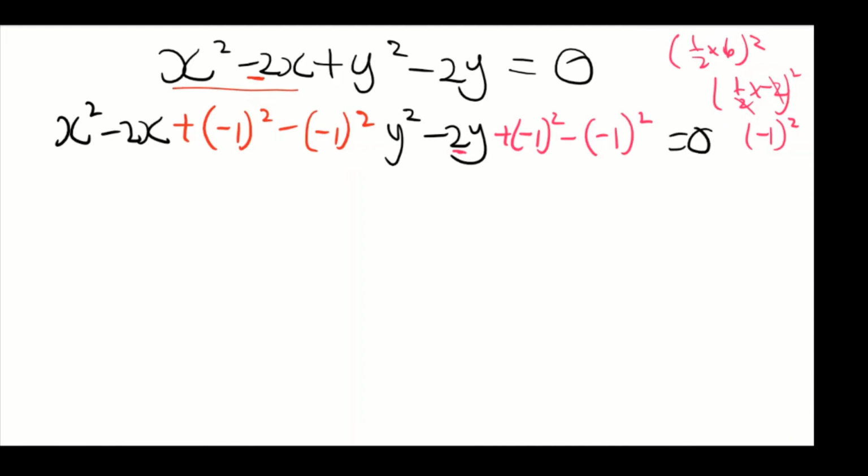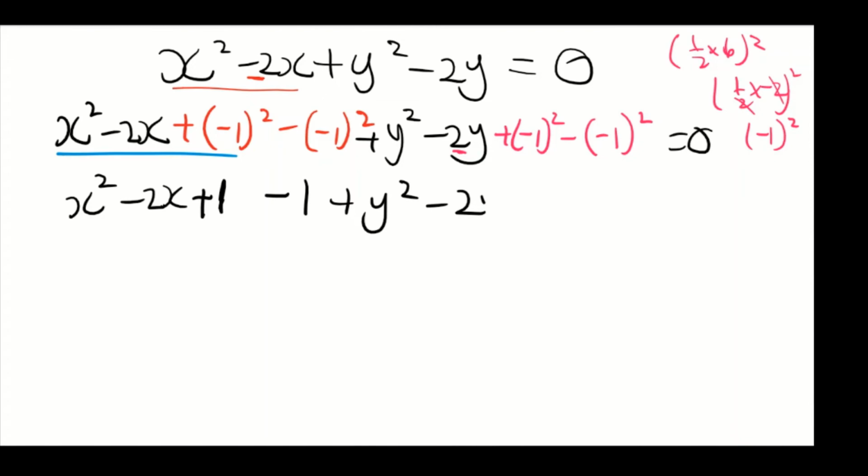Now we need to factorize this portion here. So you have x squared minus 2x plus 1, because the minus 1 squared will give you a positive, and then you have minus 1 here, plus y squared minus 2y plus 1 minus 1 equals 0, right?